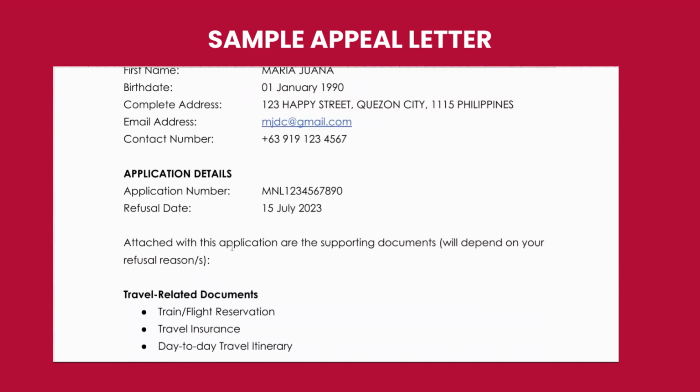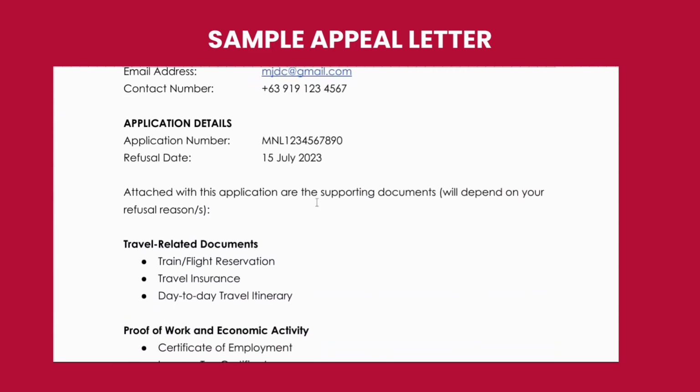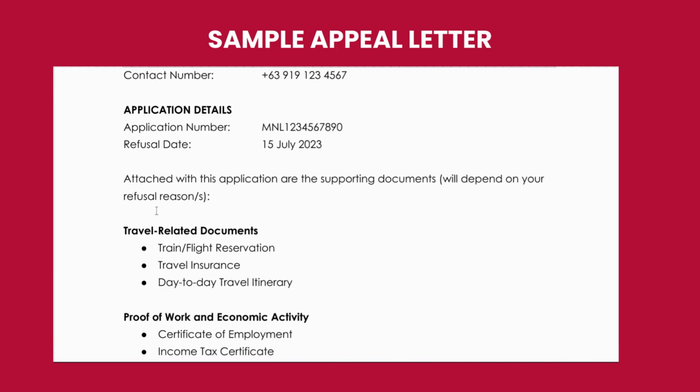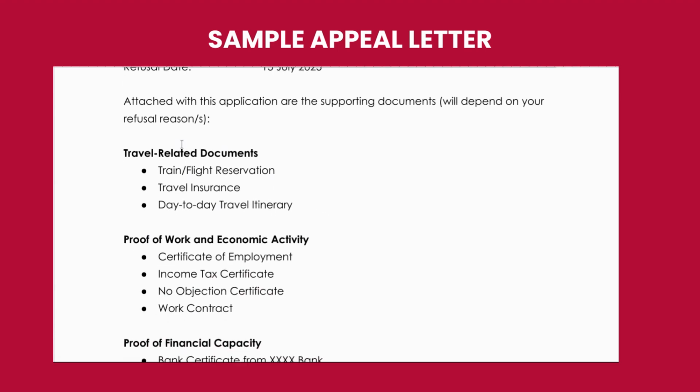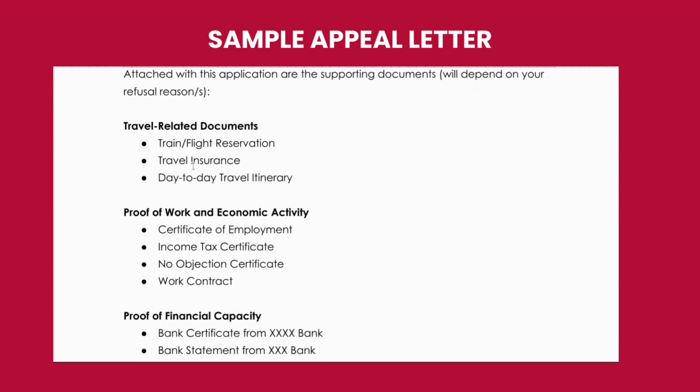Okay, and then attached are the supporting documents. So these supporting documents would vary depending on the refusal reason or reasons that you have received. So these are just example attachments that you can add. So travel related documents, proof of work and economic activity.